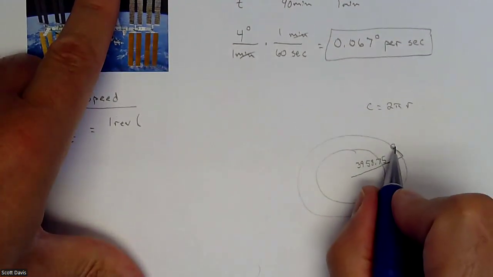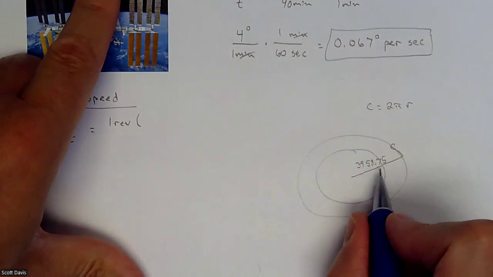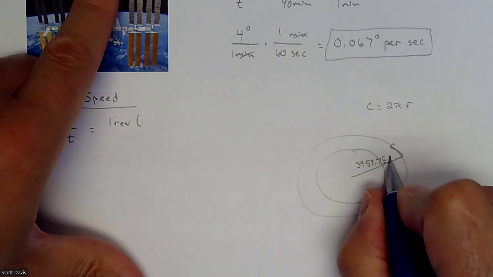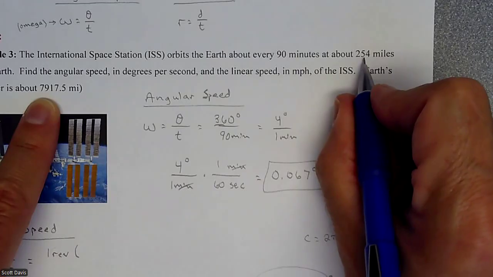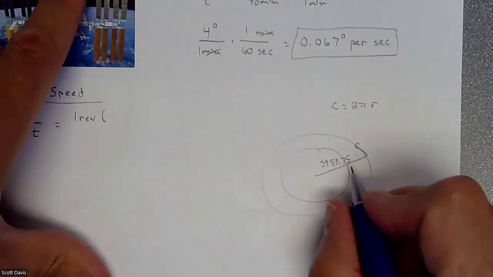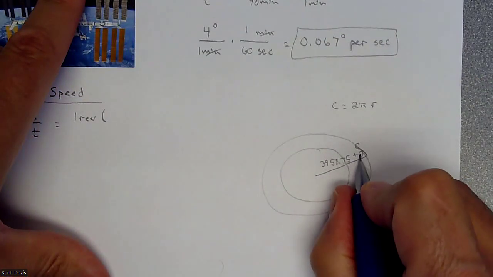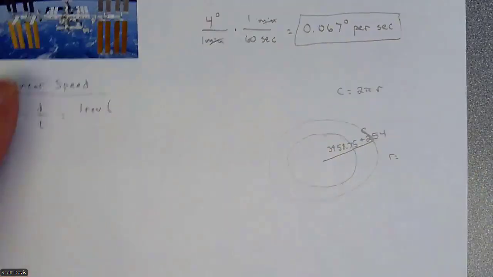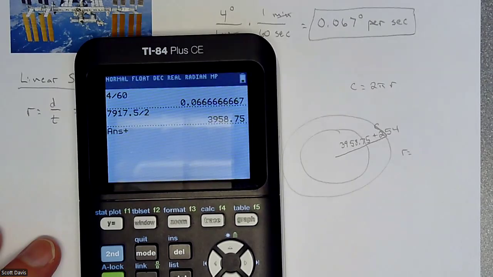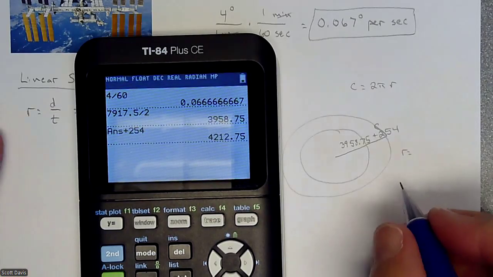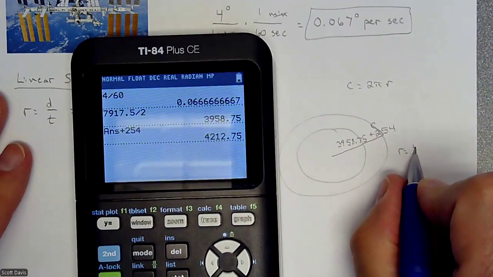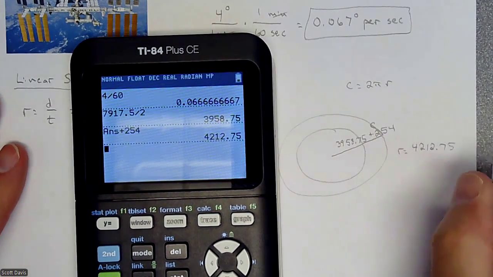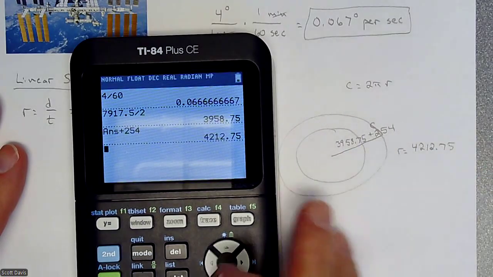So its path is going to be this bigger circle, which as part of the radius is this distance, but then we are going to be adding 254-ish miles to that. So plus 254. That's the radius that we got going on. So 4212.75. So this is our circumference.